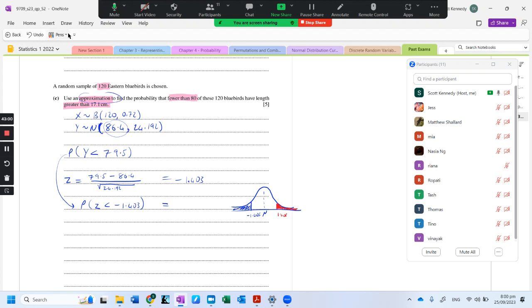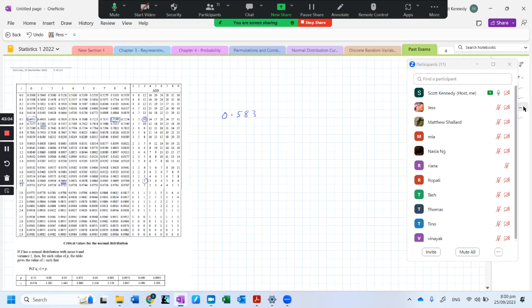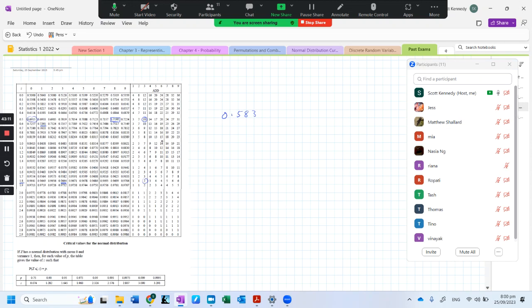So let's go and find that now. So this one. Oh, what was I looking for? 1.403. Okay, so 1.40, and then we add a 3 to it, which is a 4 here. 9196, I think.